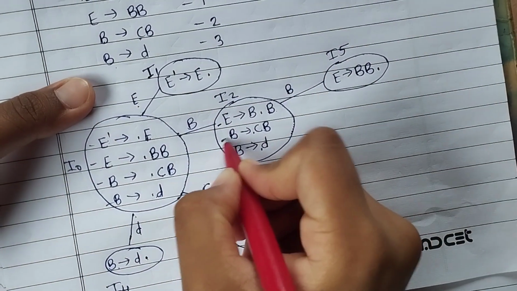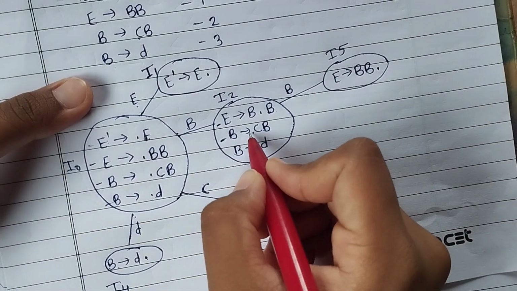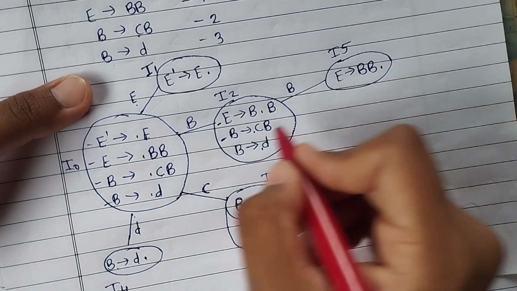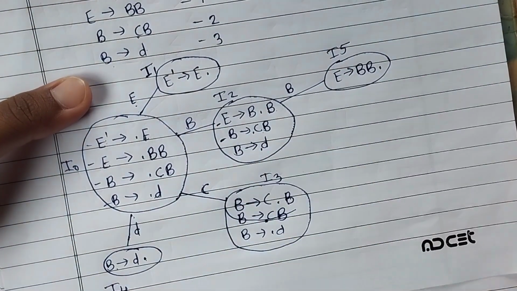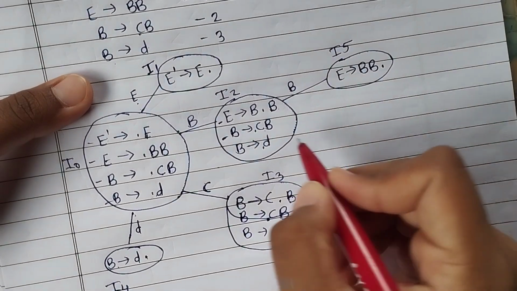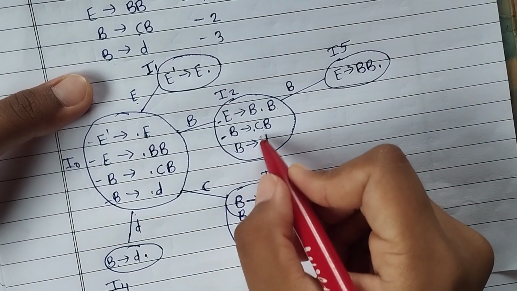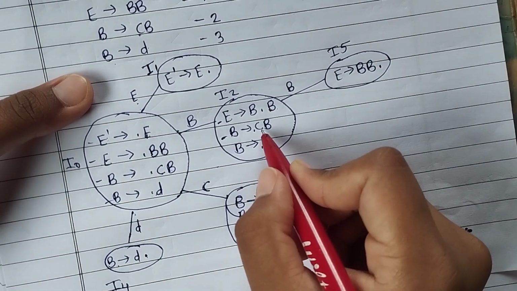Now the second condition, B → .CB. Now we move this dot one point ahead, so the condition changes with respect to the opening bracket.